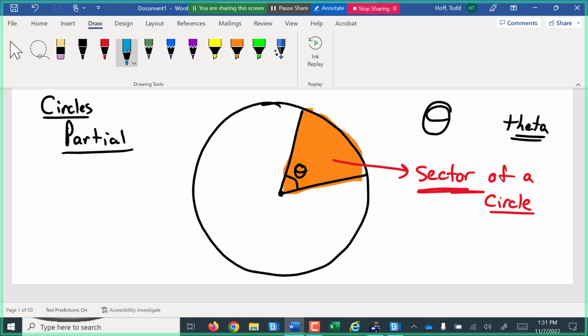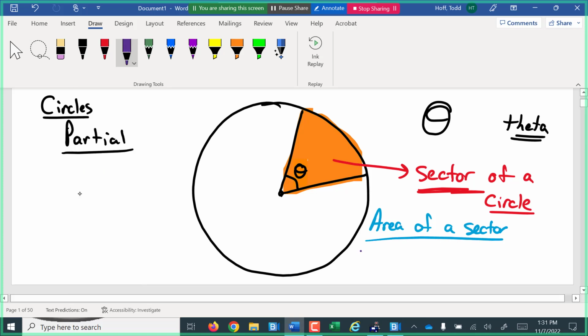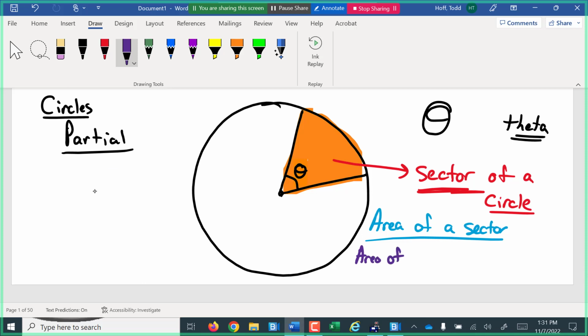To find the area of a sector, we start out just like we did with a quarter circle or a half circle. We find the area of the full circle, and then we're going to multiply by that angle over 360.